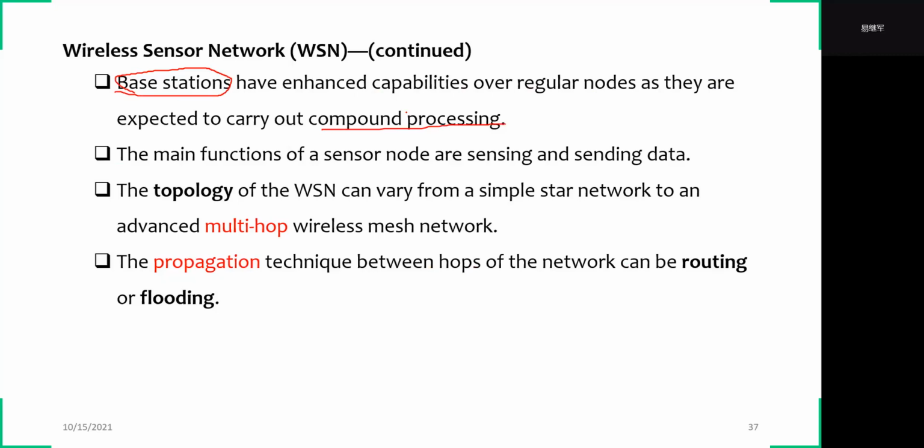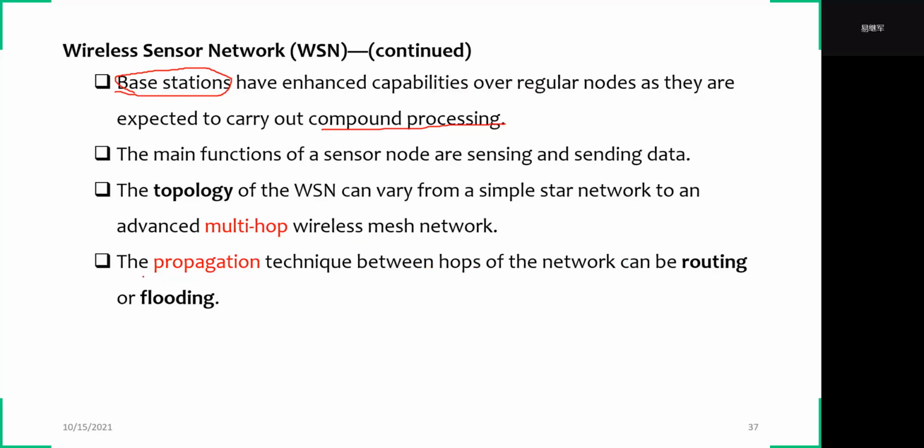The main functions of sensor nodes are sensing and sending data. The topology of the wireless sensor network can vary from a simple star network to an advanced multi-hop wireless mesh network.